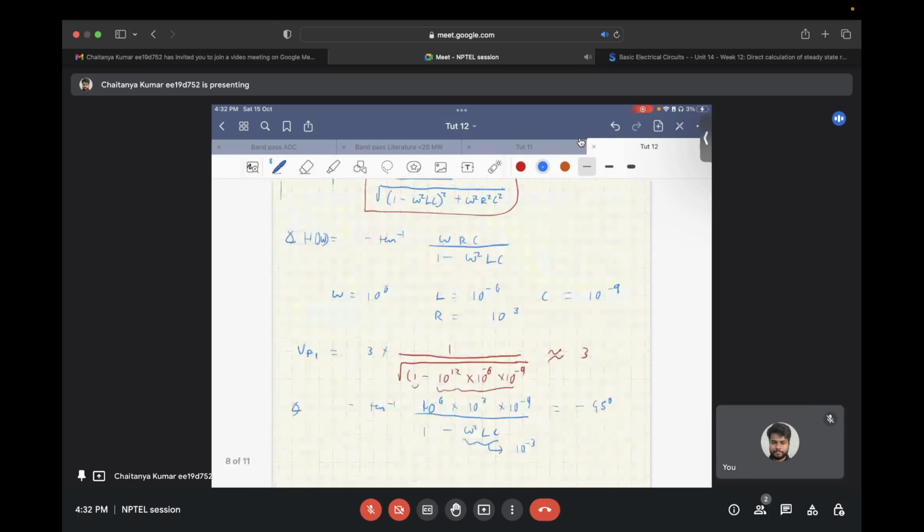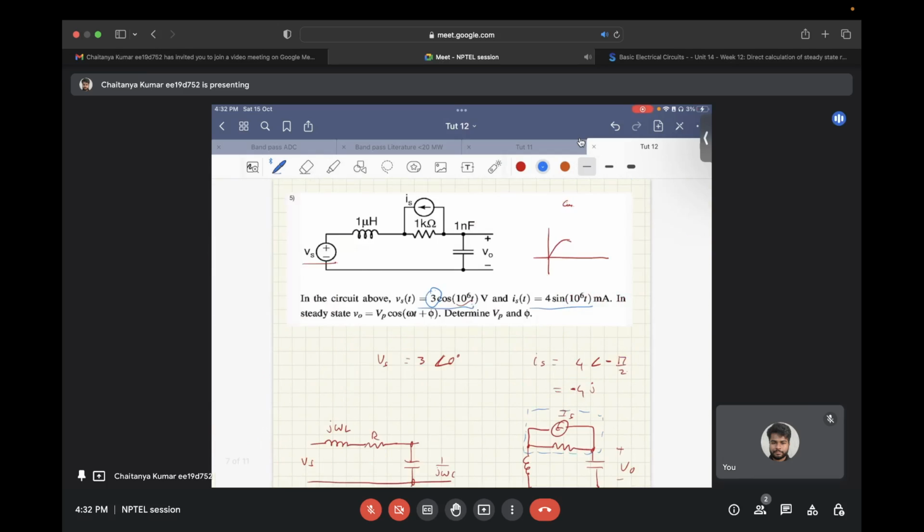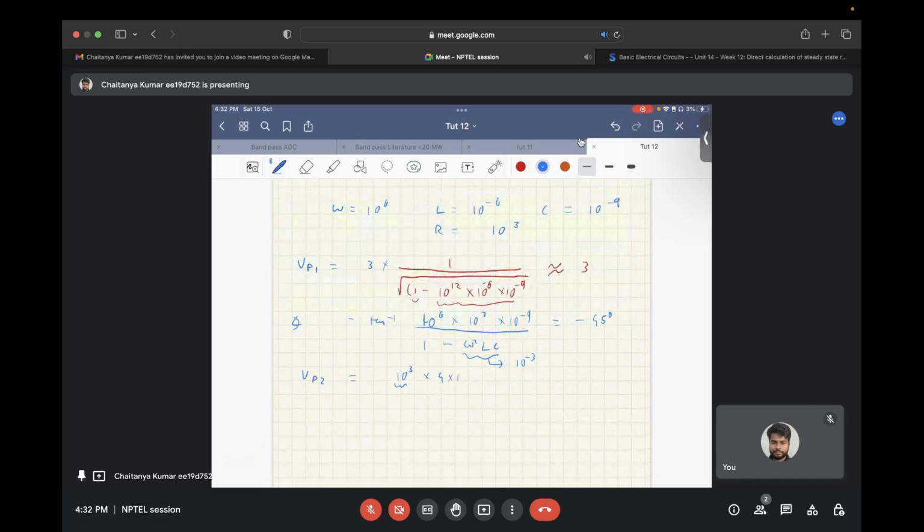So the final expression that you get for the output is, now again we shall calculate Vp2 also. So Vp2 is 10 to the power 3, that is the value of R, times the current, which is given in milliamps, that is 4 into 10 to the power minus 3. And the magnitude response, as we saw over here, is approximately equal to 1, so that can be neglected.